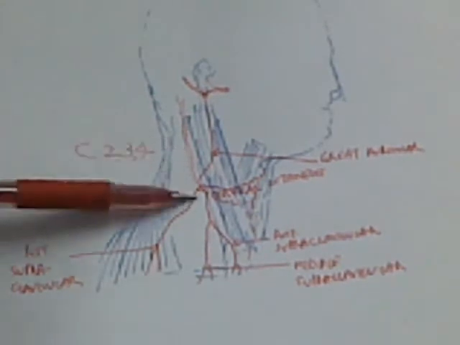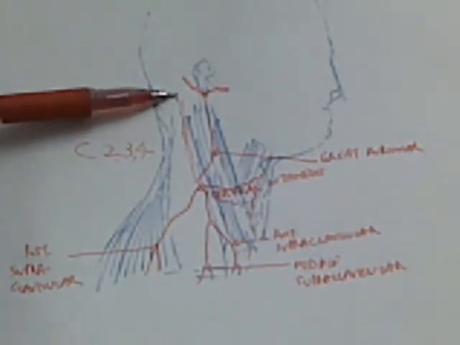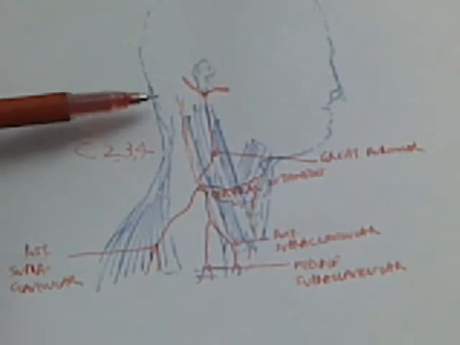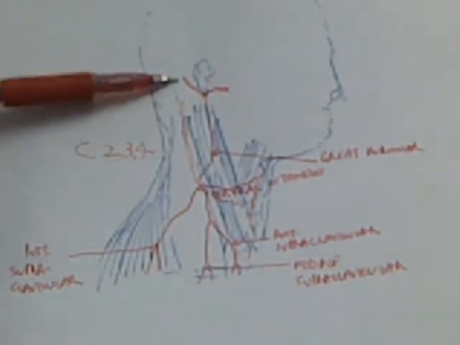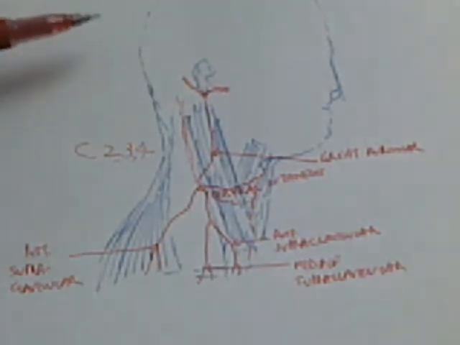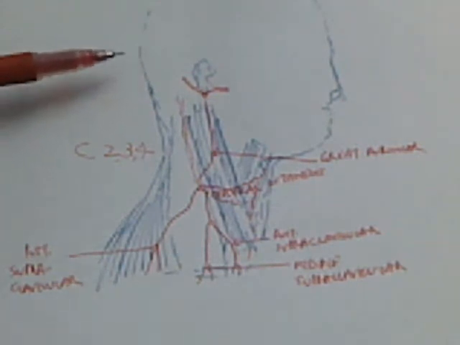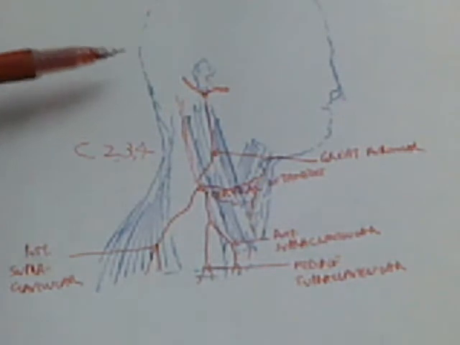This is the lesser occipital nerve here, and near the cranium, it perforates the deep fascia and continues upwards along the side of the head behind the auricle, supplying the skin and communicating with the greater occipital nerve, the greater auricular nerve as well, and the posterior auricular branch of the facial.